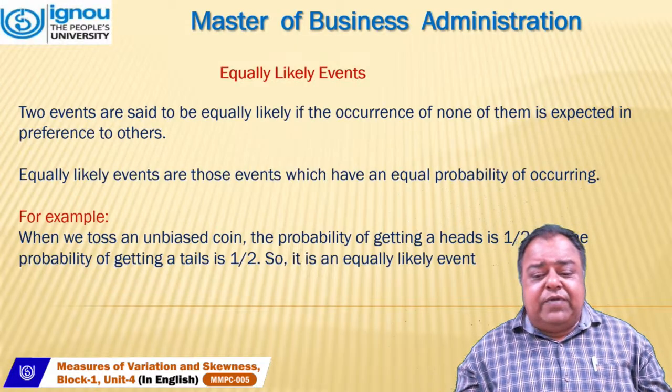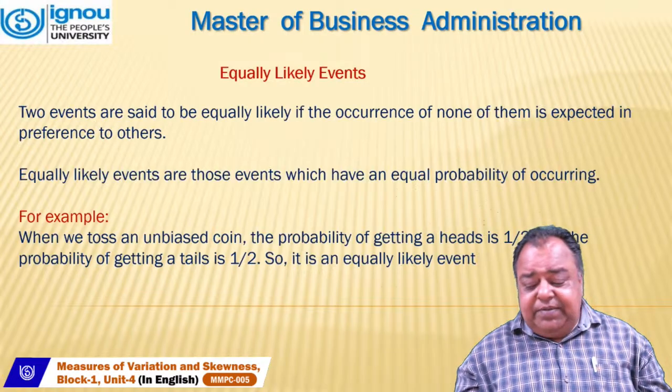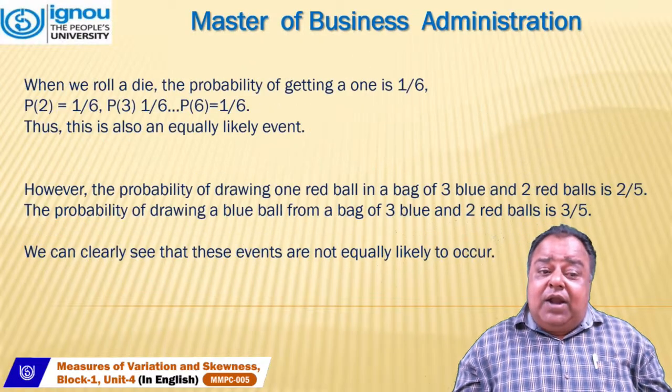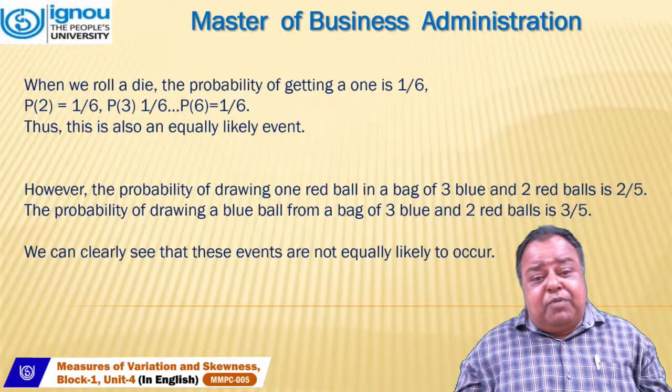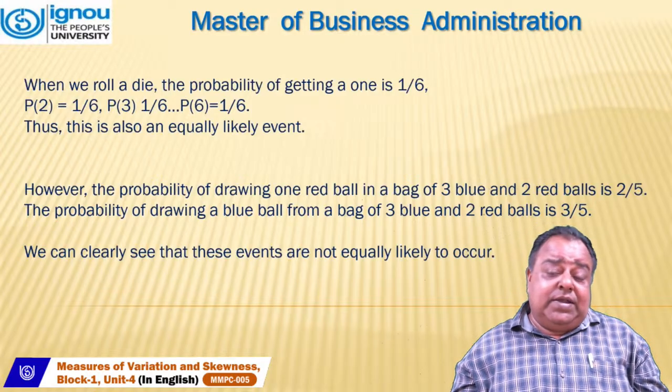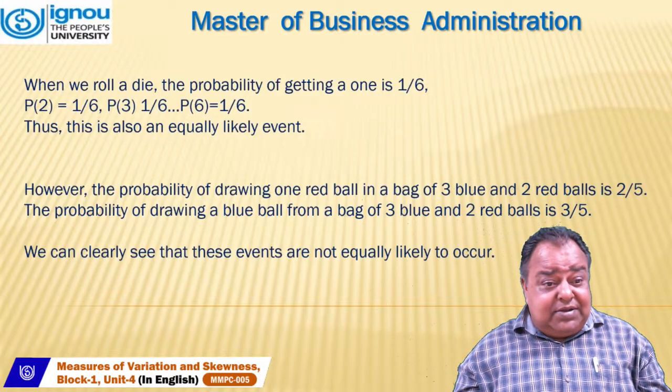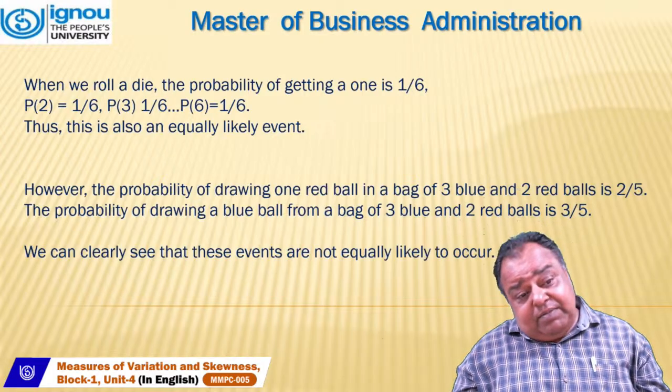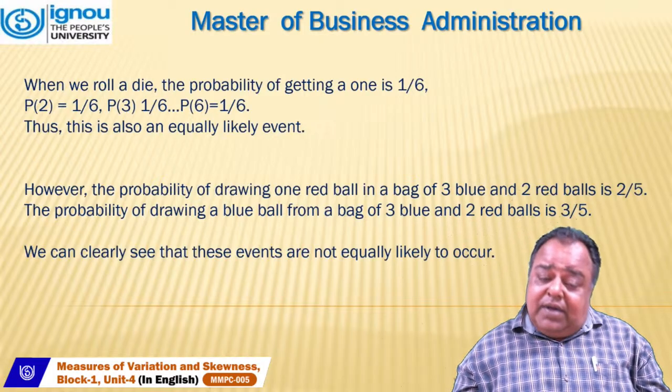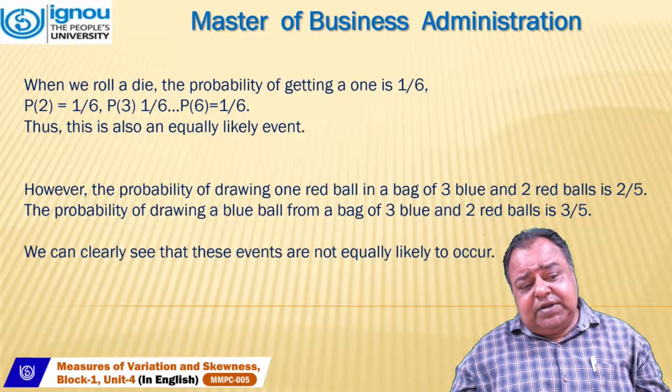It is an example of equally likely events. When we roll a die, the probability of getting 1 is 1 by 6 because there are 6 numbers, and for 2, again 1 by 6, for 3, again 1 by 6. That means all these events are equally likely.